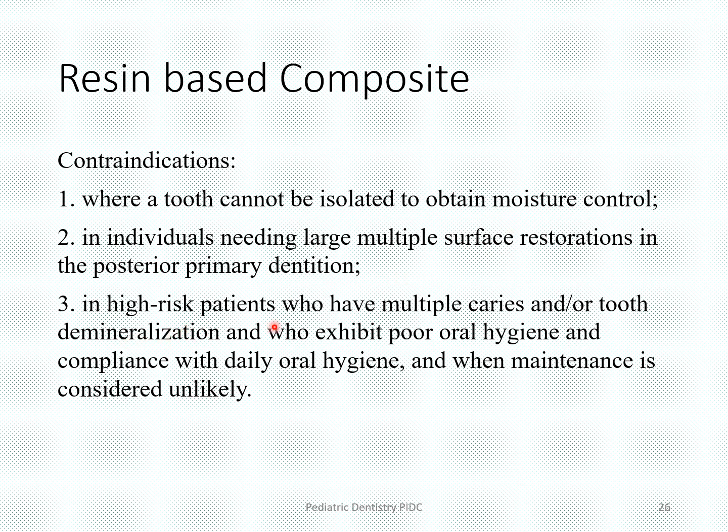Then in high risk patients who have multiple carious teeth, and or teeth with demineralization, or children who exhibit poor oral hygiene, where compliance with daily oral hygiene is a problem and maintenance is considered unlikely, it is better to do a glass ionomer restoration, so that we can have some fluoride reservoir in the mouth.